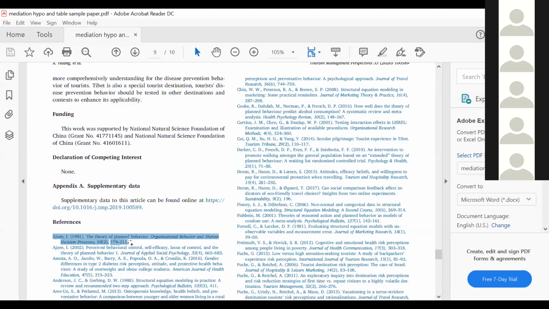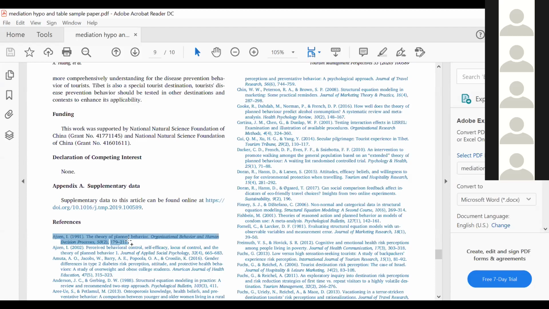So the surname comes first. Okay, so for the reference that you are seeing, the person is Isaac Ajzen, and the surname comes first. Ajzen, comma I. What is I? His first name, Isaac. Then the year. In some formats, the year is in brackets. In some formats, the year is not in brackets.